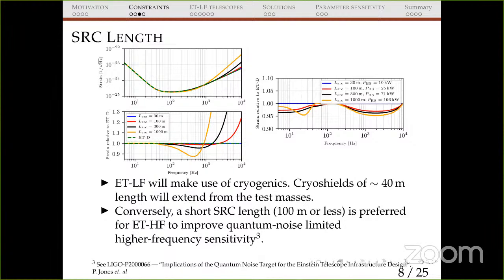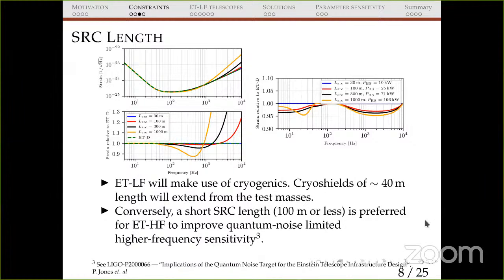This effectively places a lower limit on the SRC length for ETLF. But as we'll see later on, this isn't too important a consideration for the design. For ETHF, on the other hand, we have a different and more complicated picture.